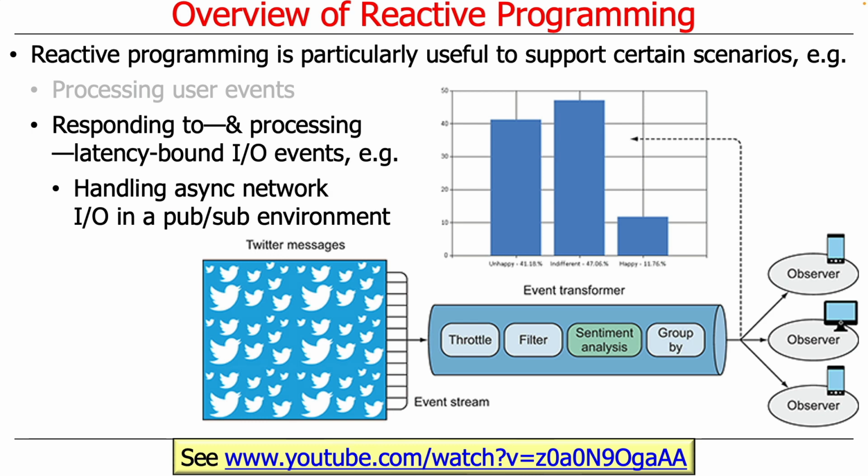So let's say you've got some feed of events flowing in, like a Twitter stream perhaps, and you want to be able to take the incoming events, and you want to be able to filter them, do some kind of analysis to look for sentiment, are people outraged about the latest episode of South Park or whatever, and then you group the results and forward them on to various observers who are subscribed to those Twitter feeds. And the idea here is to be able to handle a large number of events very scalably with the hardware at our disposal.